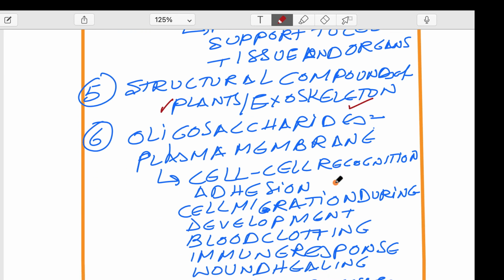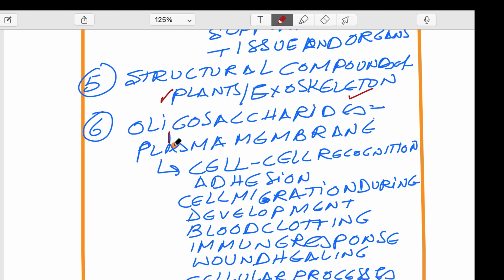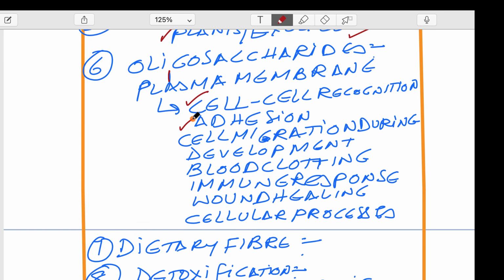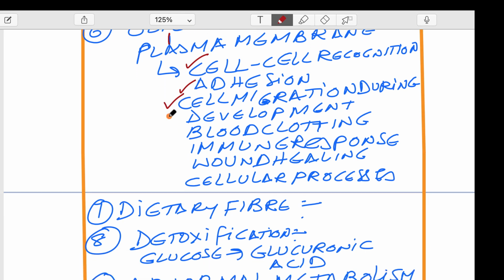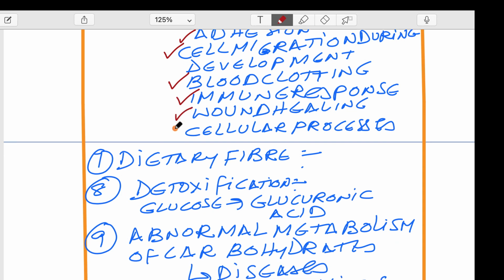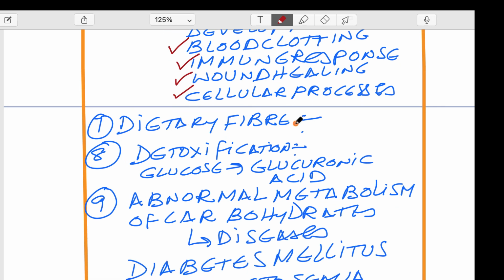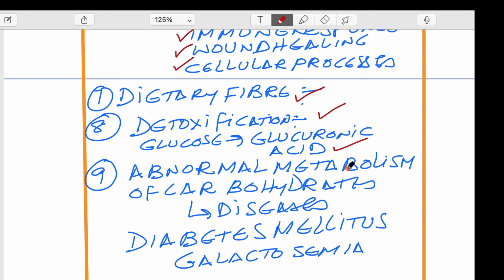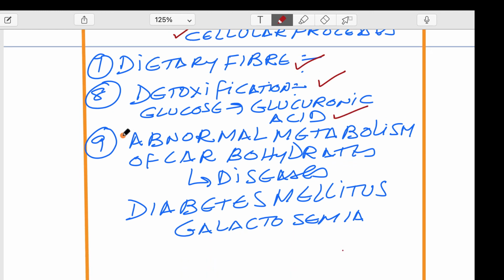Oligosaccharides in combination with the plasma membrane deliver many functions: cell recognition, adhesion, cell migration during development, blood clotting, immune response, wound healing, cellular processes. Then dietary fiber, and detoxification, where glucose is converted to glucuronic acid involved in the detoxification process. Why study carbohydrates?